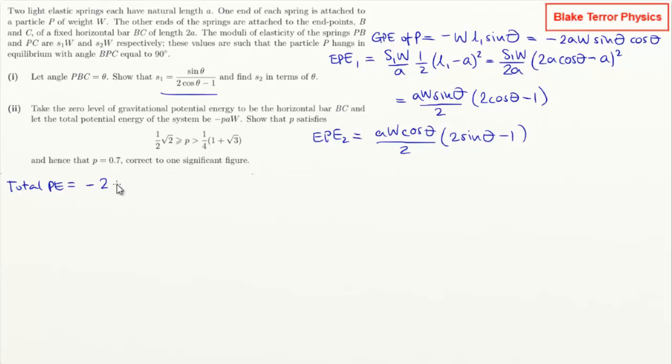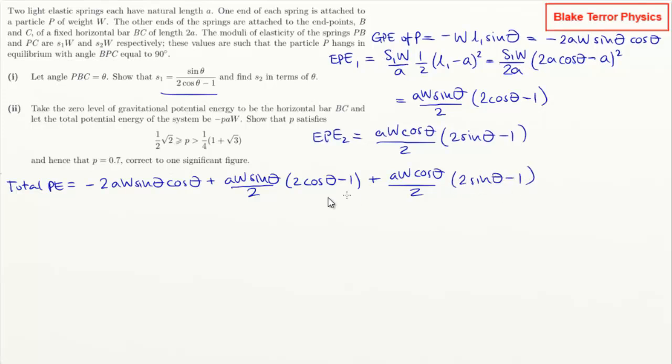I've got minus 2AW sine theta cos theta plus, there's not an enormous amount to factorise there. Let's just write it all out for now so I can see it all in one place: AW sine theta over 2 cos theta minus 1, and then AW cos theta over 2 sine theta minus 1.